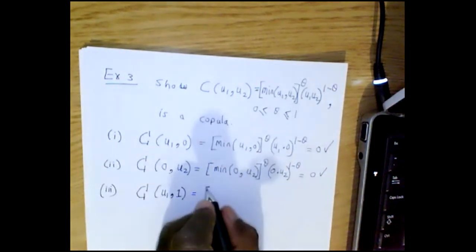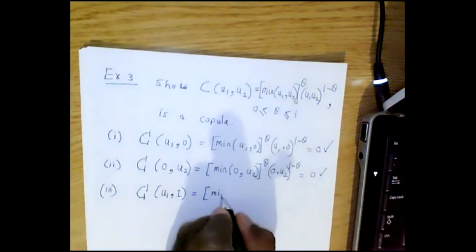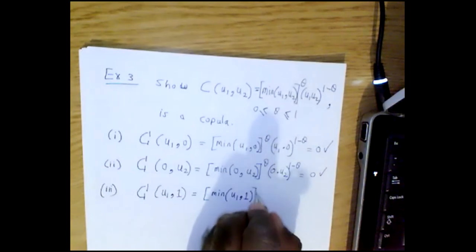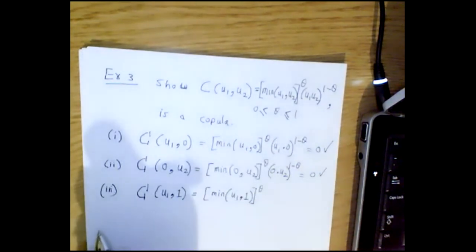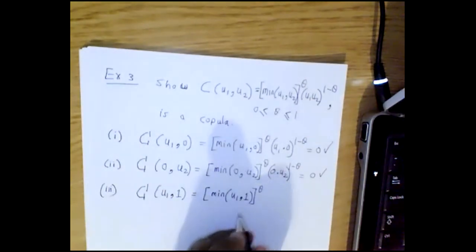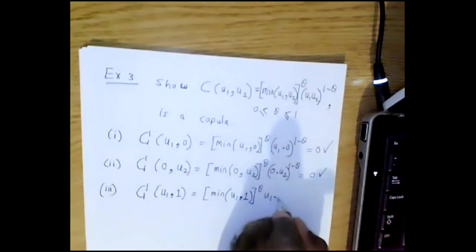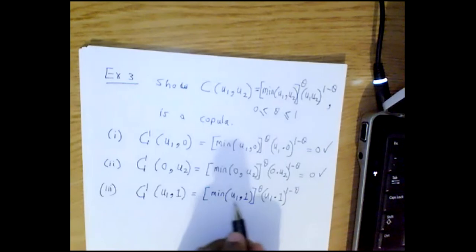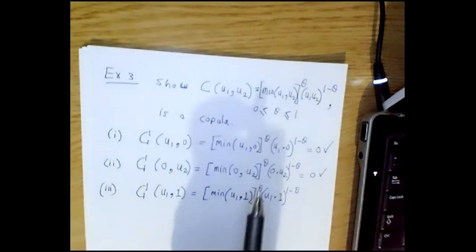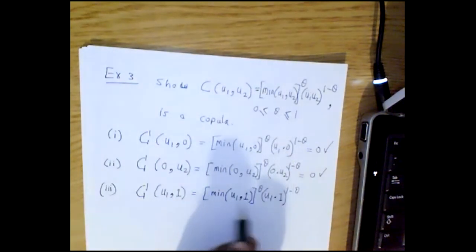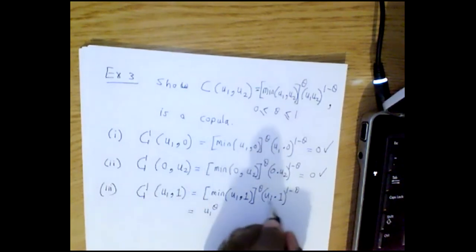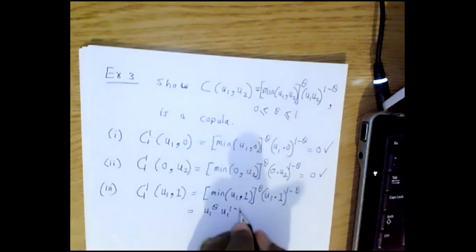All right. Right. Okay, u1 comma 1, then u1 times 1 to the power 1 minus theta. Now the minimum of these two is clearly u1, right? Because remember, u1 and u2 are both numbers between 0 and 1. So the minimum of these two is u1 power theta, and here you have u1 power 1 minus theta.